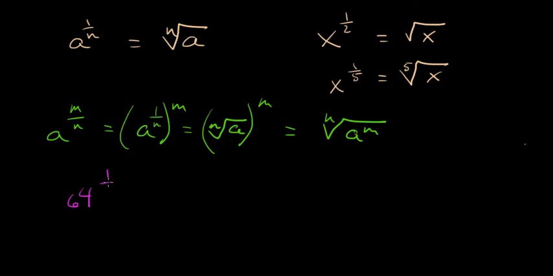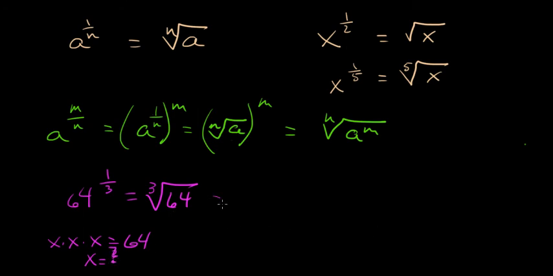Let's try 64 to the 1/3. Well, that equals the cube root of 64. In other words, when we're looking for the cube root, we want to know what number x, times x times x, to the 3rd power, equals 64. So what does x equal? That's supposed to be a question mark.